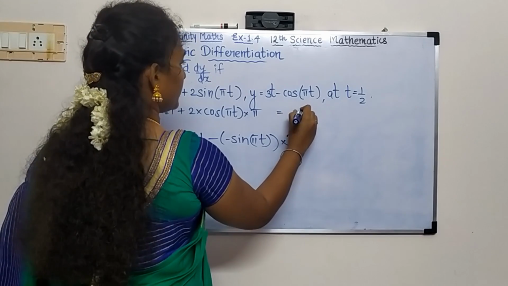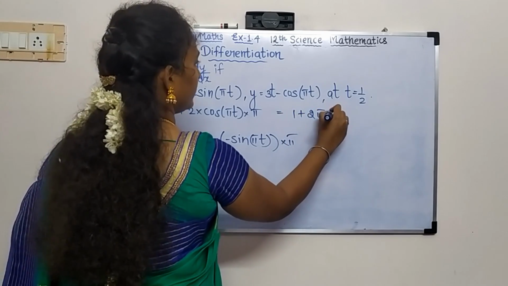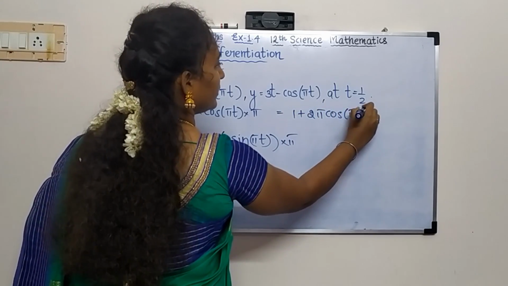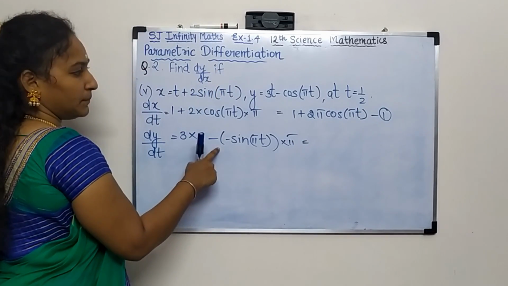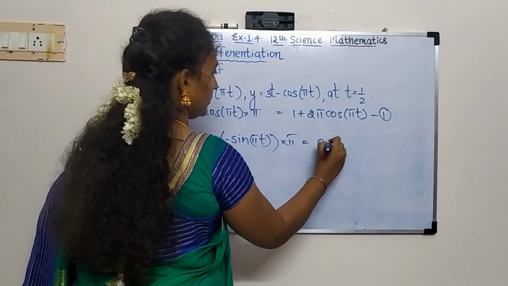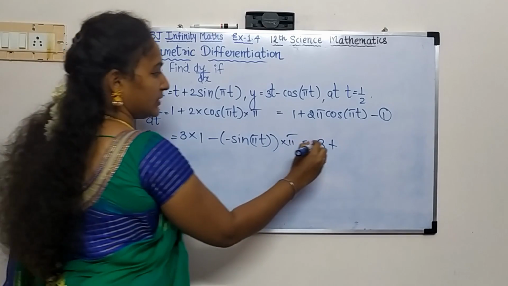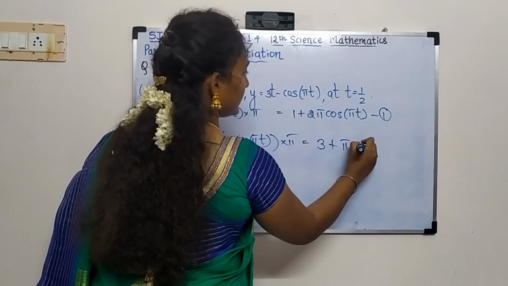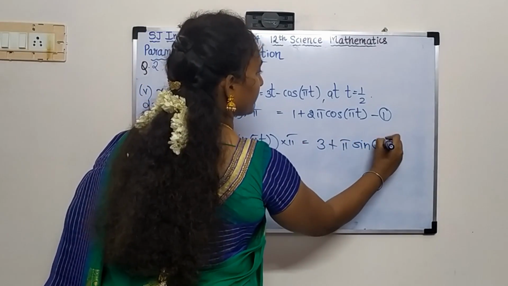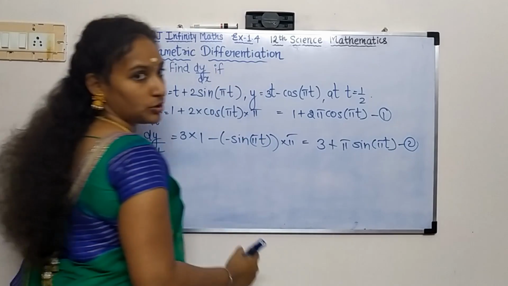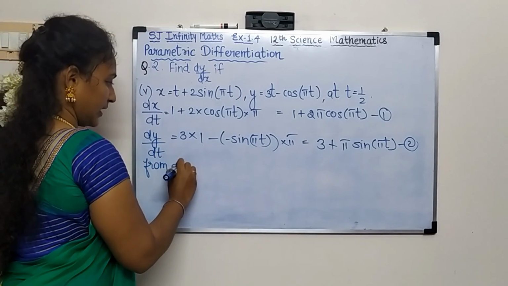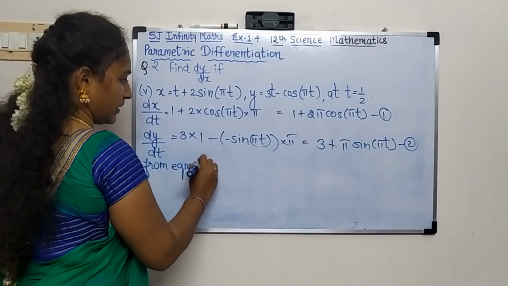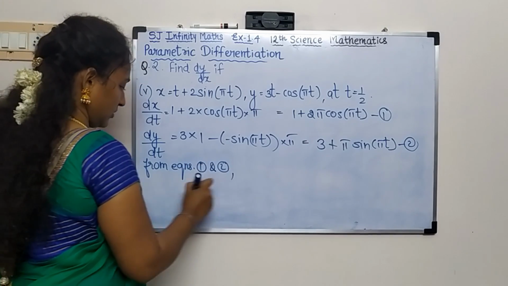This can be written as 1 plus 2 pi cos pi t, equation 1, and this is equal to 3 plus, minus into minus plus, pi sin pi t, equation number 2. Now we find dy by dx from equations 1 and 2.